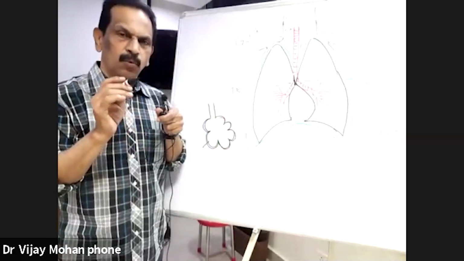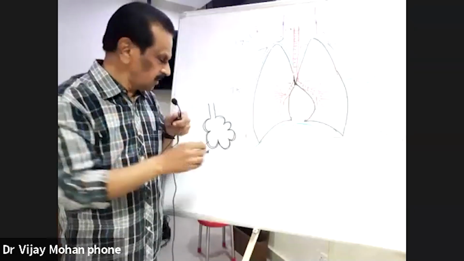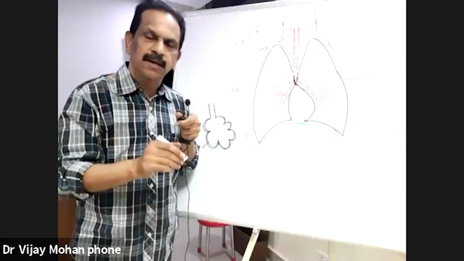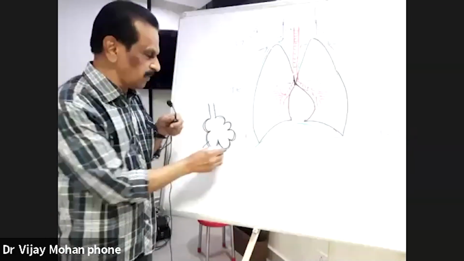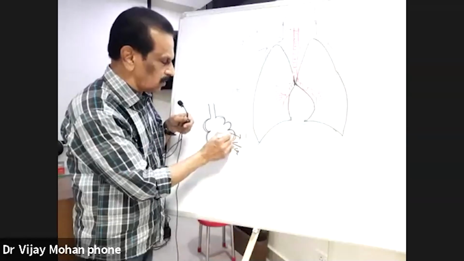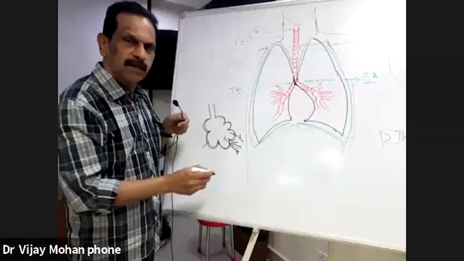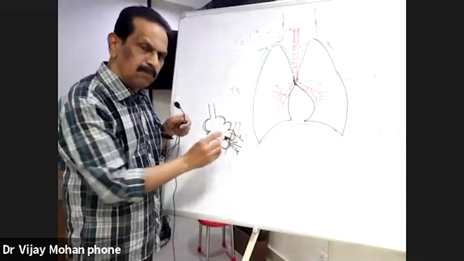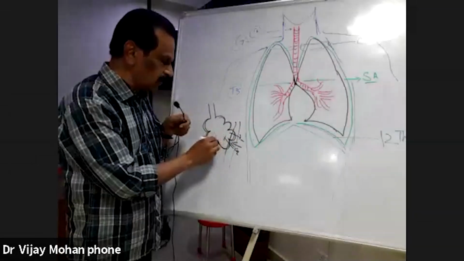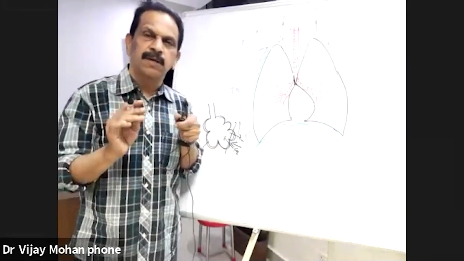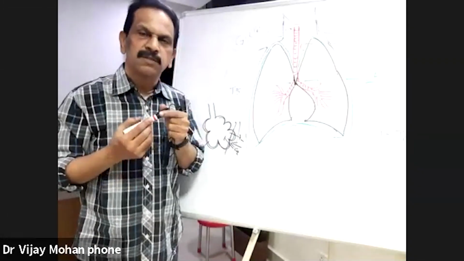Only when the air comes in contact with the alveoli does the gas exchange take place. The oxygen goes in and CO2 goes out of the alveoli into the blood. So the capillaries here, there's a very thin membrane separating the alveolar membrane and the capillary membrane. That is the functional part on which we are all surviving.